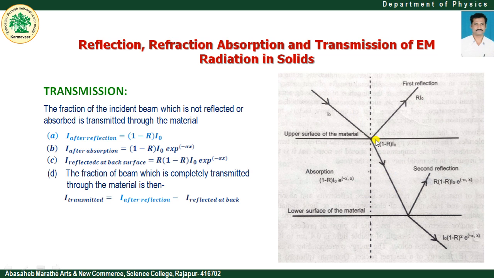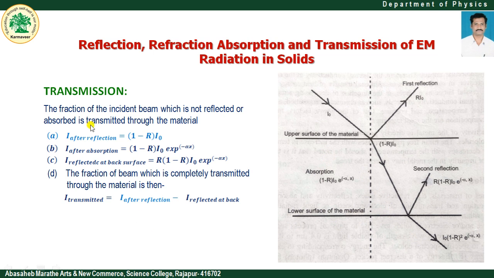Again, if there is no partial reflection or no partial absorption, then this beam will get transmitted here. So the fraction of the incident beam that is not reflected or absorbed is transmitted through the material.